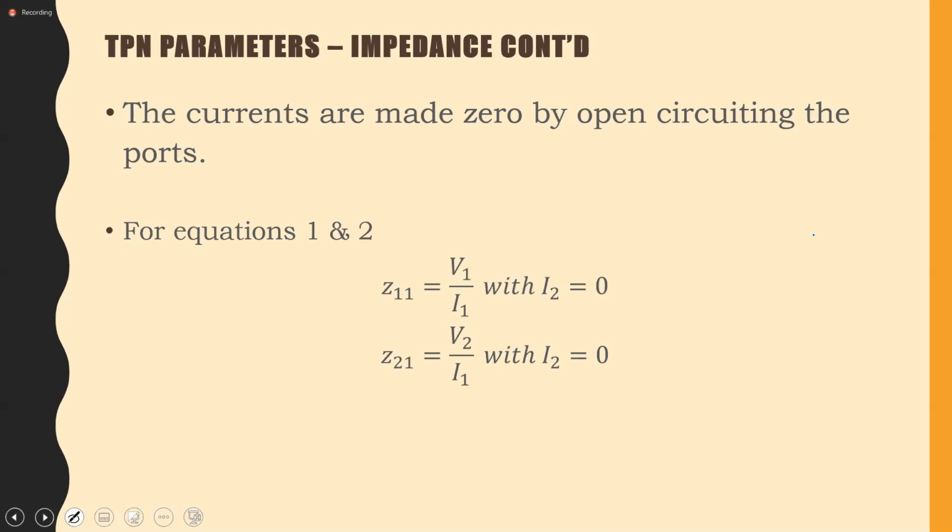Z21 would be V2 over I1, sorry, with I2 being equal to zero. Z12, V1 over I2 with I1 zero. And Z22 would be V2 over I2 with I1 being equal to zero.